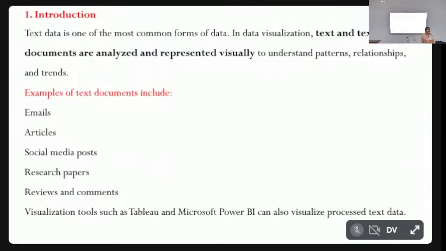We use text documents to analyze and represent the data visually. Don't see there. To visualize and represent the data visually, to analyze and represent the data visually.